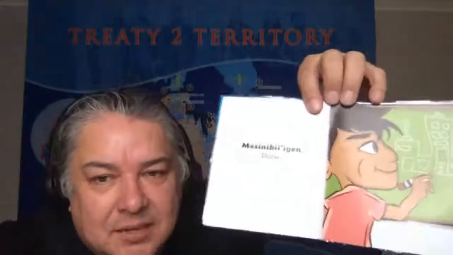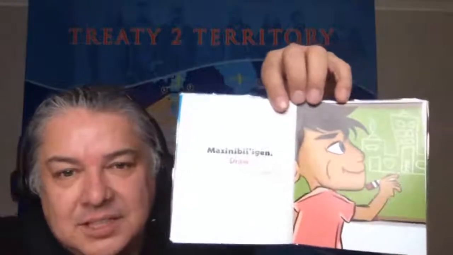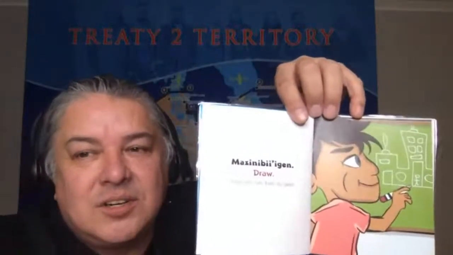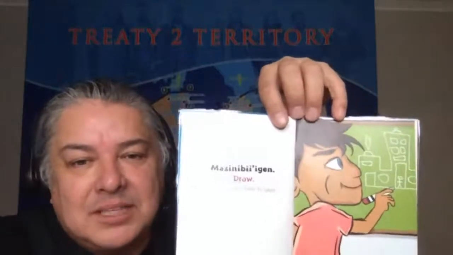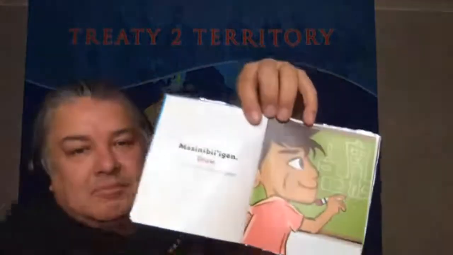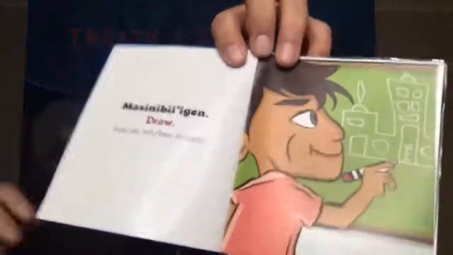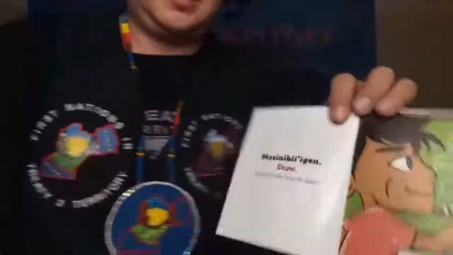Look at this one. What's that young man doing? He's drawing. He's drawing lots of stuff there. Mazinibiigen. Look at that. Oh my goodness sakes. I can't believe it.